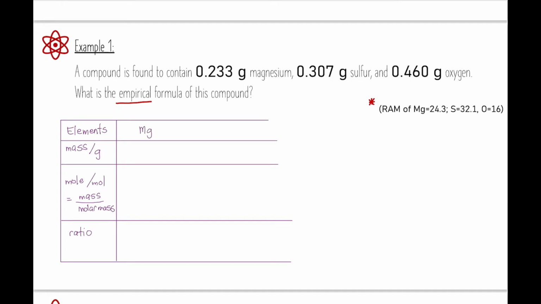Next, list down all the elements present. And then, write down the mass of each element given from the question.